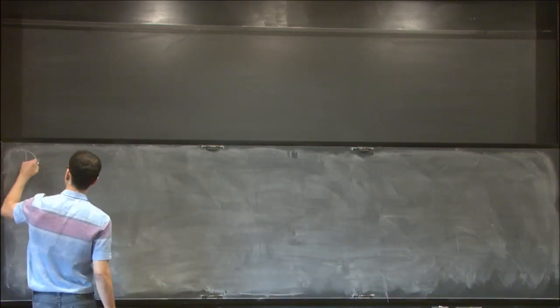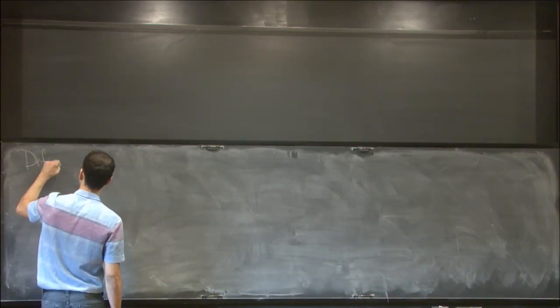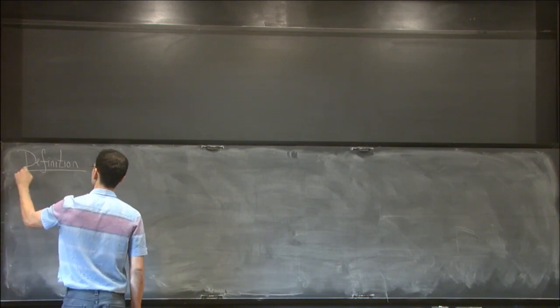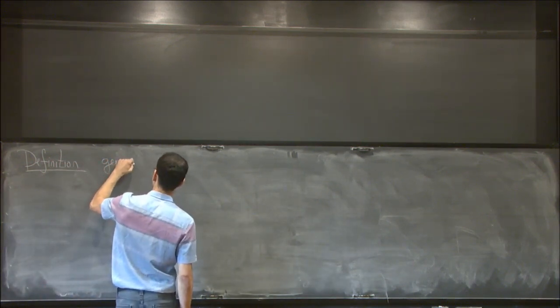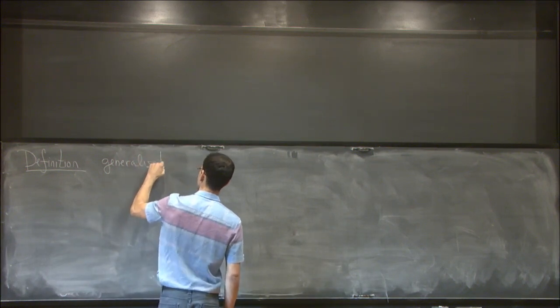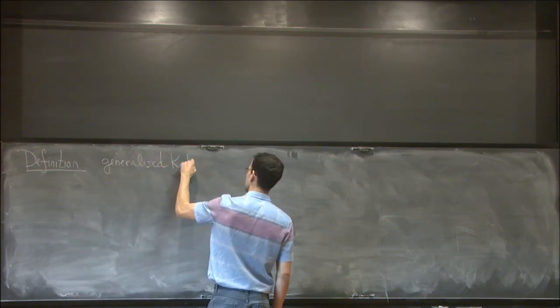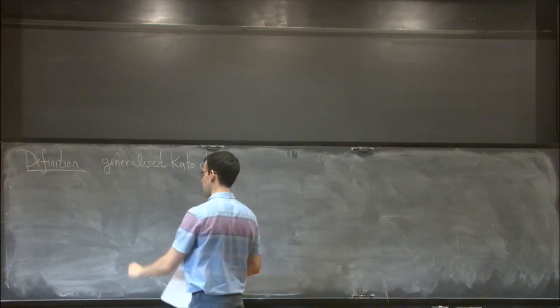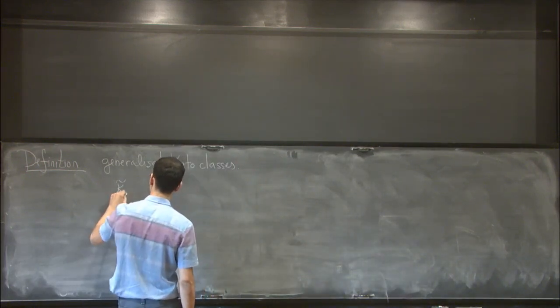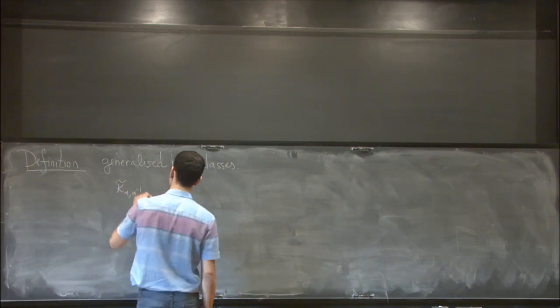Okay, so let me make the following definition first. The generalized Kato classes will be denoted by kappa twiddle alpha inverse.